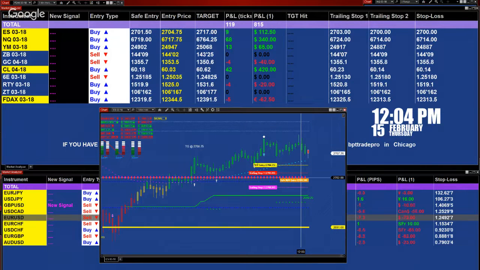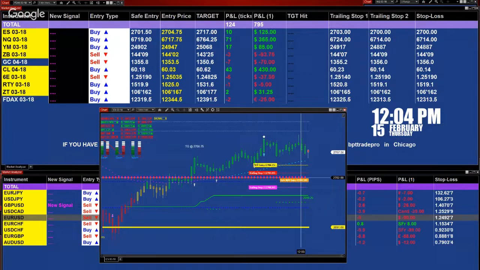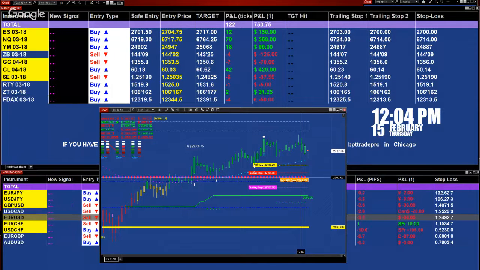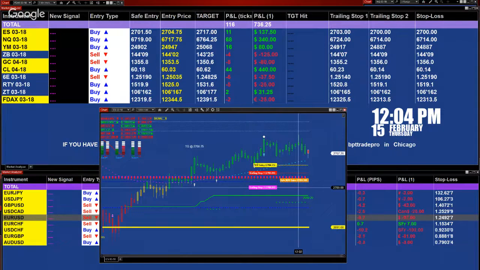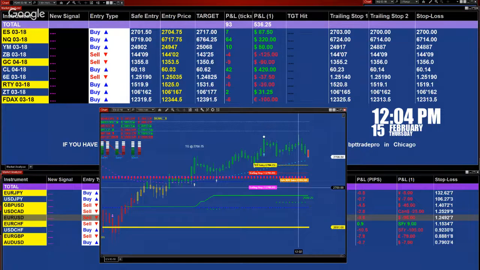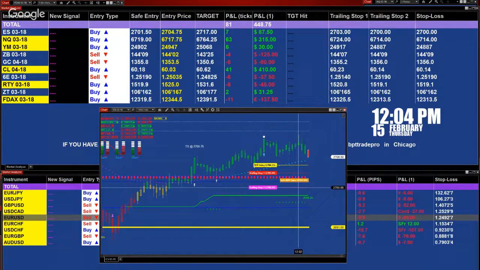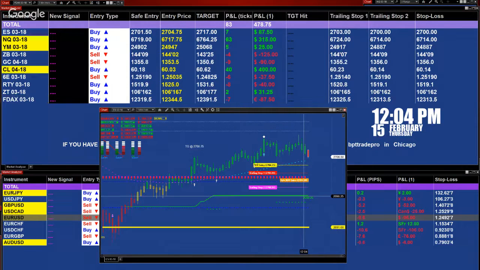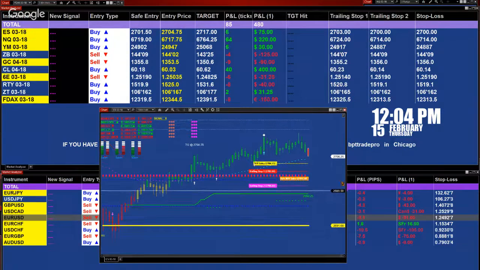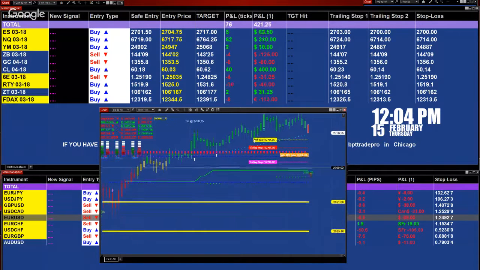We have a re-entry point at 27.02. And then we have a major support fib line at 27 even, 2700 even. Anything below that, 26.98.25, the whole fundamental on this market has changed.